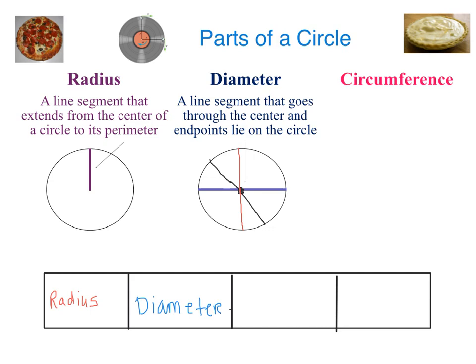On the third tab, write the word circumference. Once you have that written, go ahead and open up that tab.